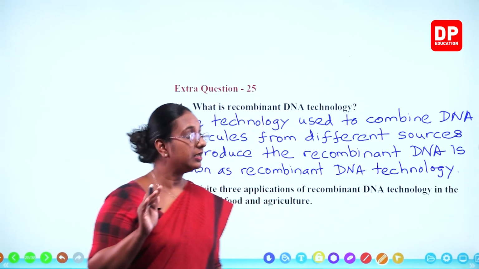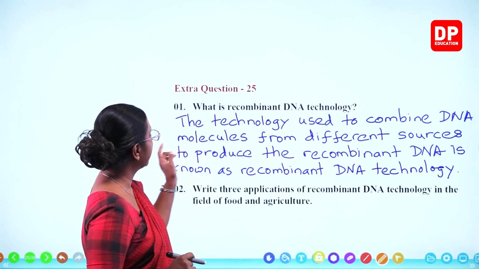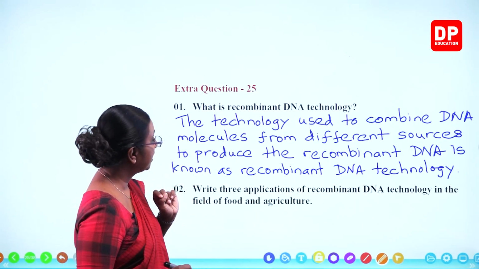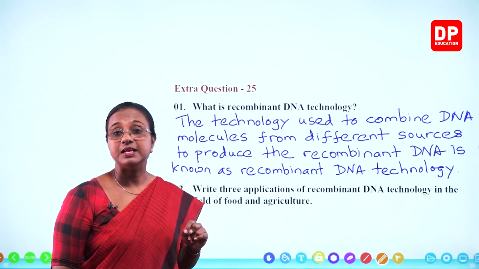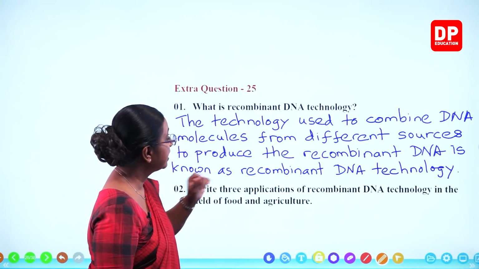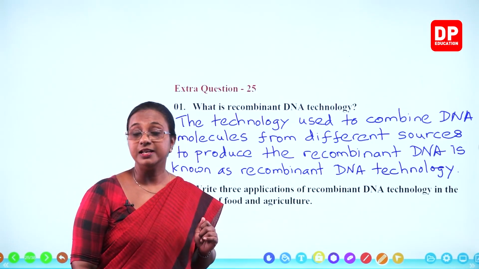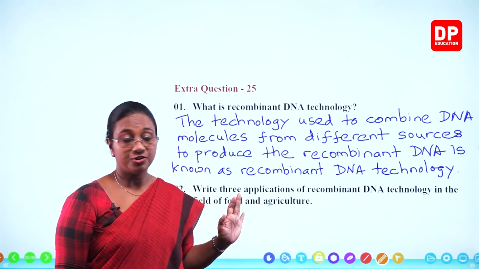So it is the technology used to combine DNA molecules from different sources to produce the recombinant DNA is known as recombinant DNA technology. Is that clear to you?